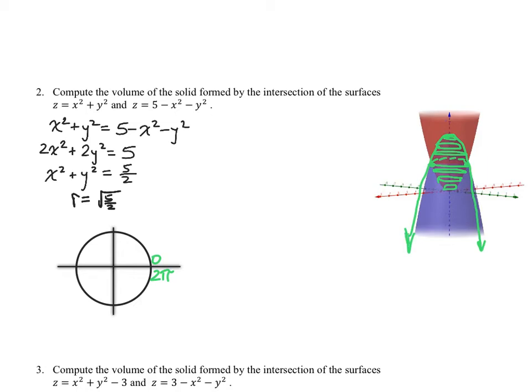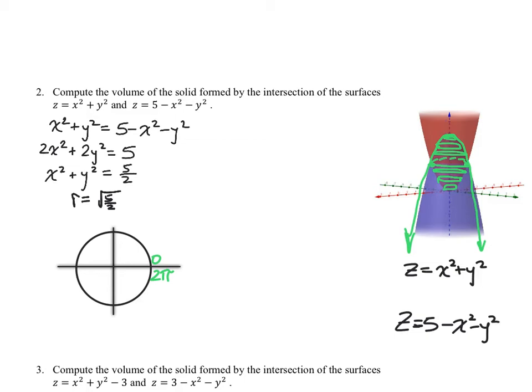So you've got two choices. You've got z equals x squared plus y squared. I'll write them both down here. And you have z equals 5 minus x squared minus y squared.